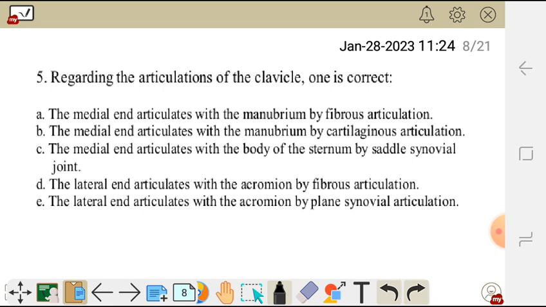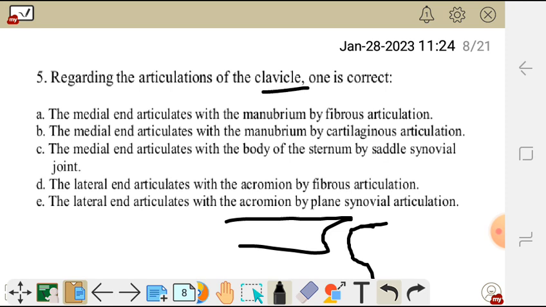The medial end articulates with the sternum by a saddle synovial joint. A saddle synovial joint is where one bone has a concave side, and the other one has a convex surface. Where the clavicle attaches to the sternum, the surface of the clavicle is concave and the surface of the sternum is convex, making a saddle joint.